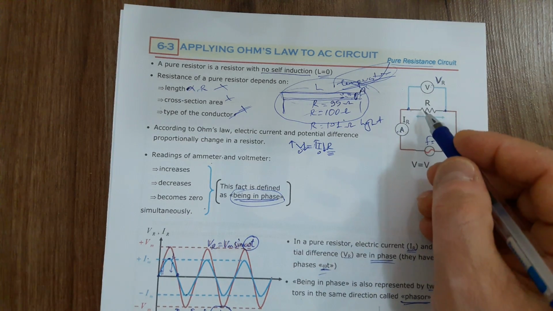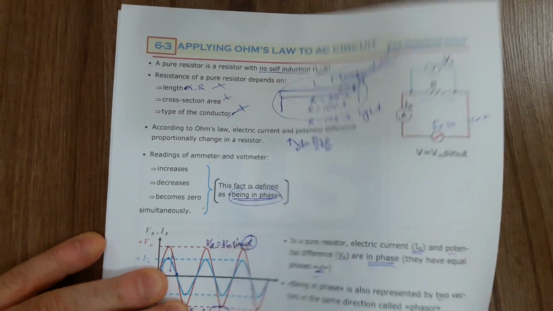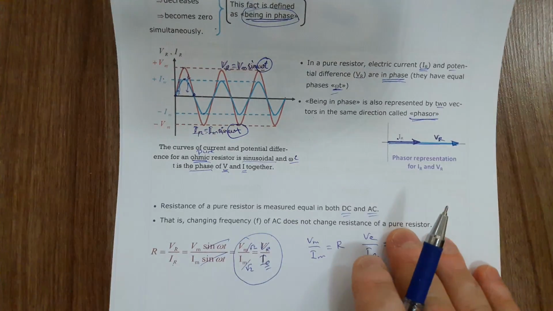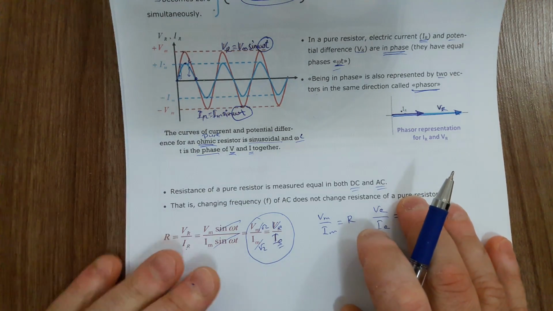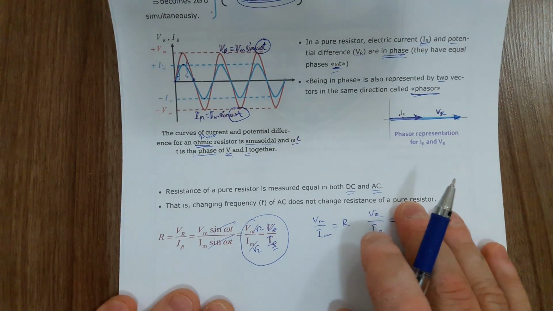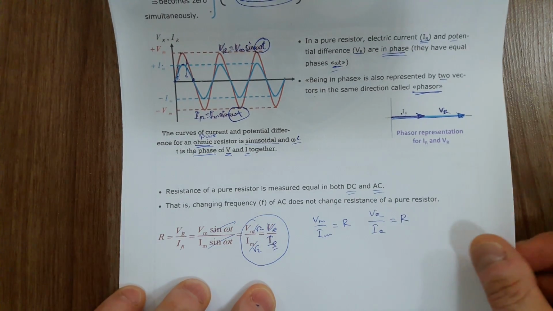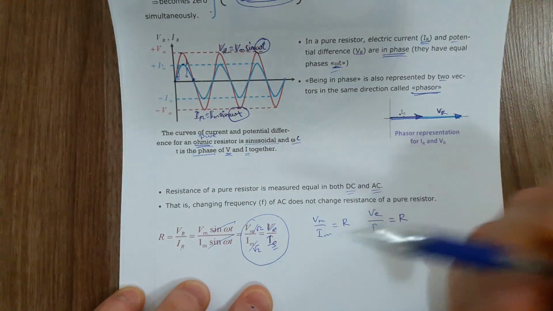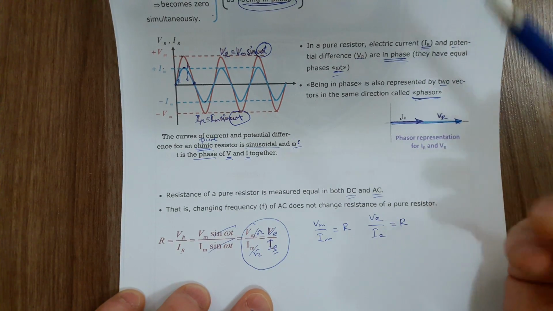It is independent of frequency. So the resistance of a resistor in an AC circuit is independent of frequency. This is a very important fact, asked maybe twice or three times in ministry exams. And this is all about how we define the resistor in an AC circuit.